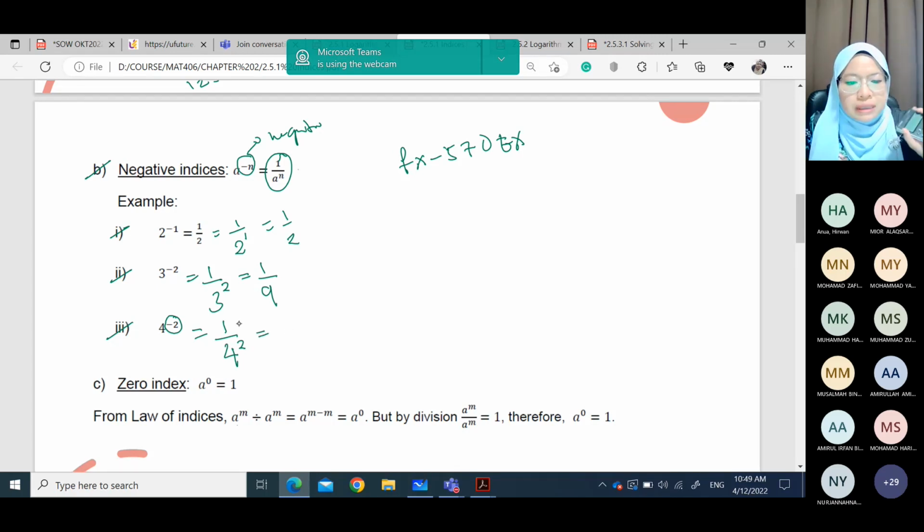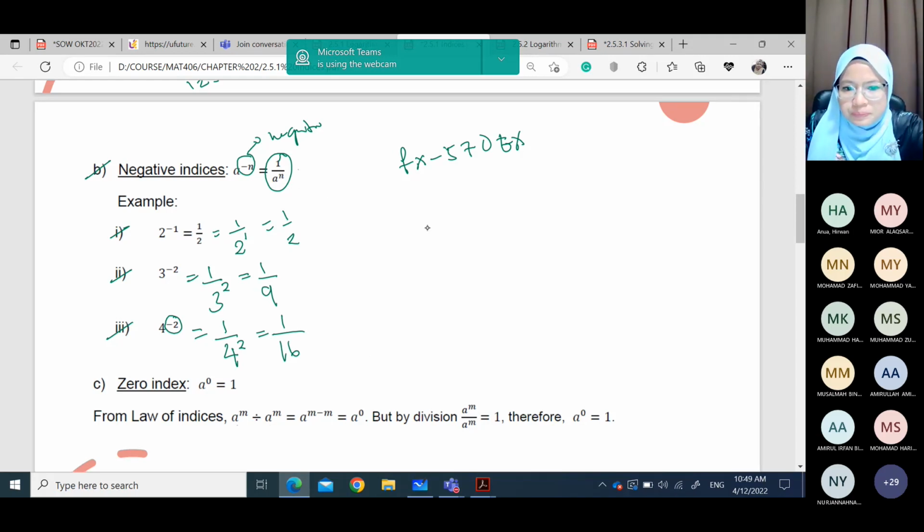So bila you plug in your calculator, you akan dapat 1 over 4 squared. So you just plug in yang ada kuasa 2 tu. Okay. Dan akan dapat 4 kuasa 2 sama juga dengan 16. Okay. So ini adalah negative index.